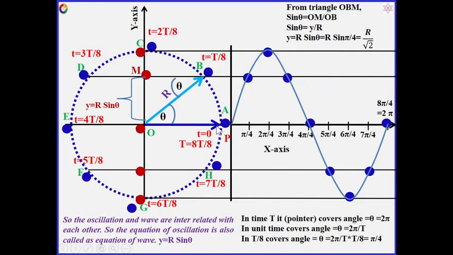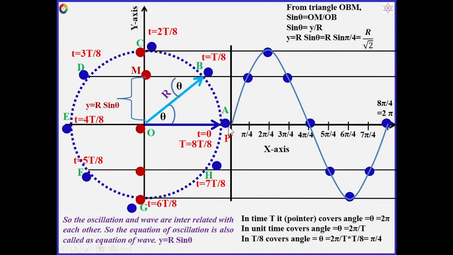For this, what I have done is that the whole circumference is here, and the particle starts from A and rotates on the circumference, rotates 2 pi angle and comes to the same position.